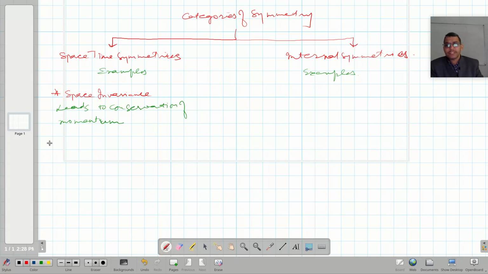Another example is spatial rotation, and this leads to the law of conservation of angular momentum.